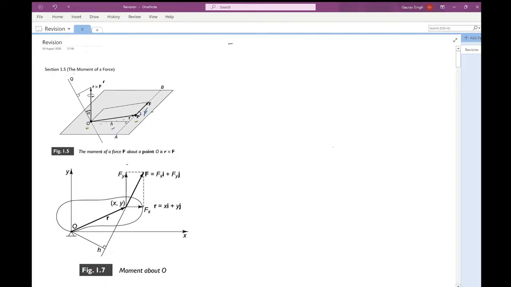For this case, obviously we'll be writing M is equal to R cross F, and this can be written also as K into H into F.